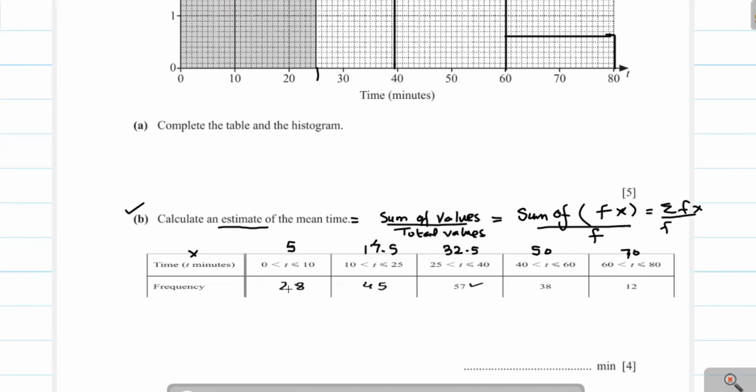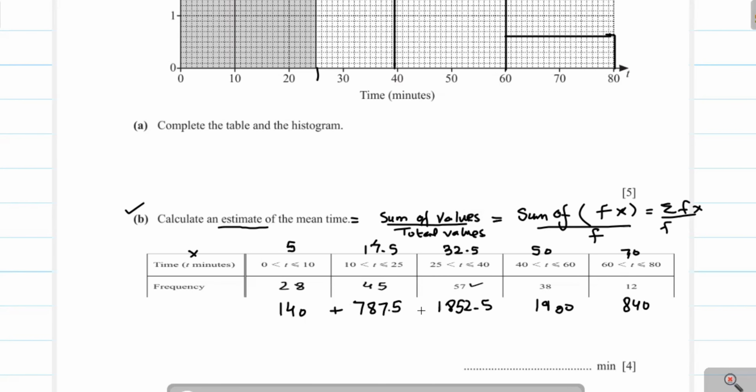Now we multiply: 5 times 28 is equal to 140. 17.5 times 45 is equal to 787.5. 32.5 times 57 is equal to 1852.5. 50 times 38 is equal to 1900. And 70 times 12 is 840.